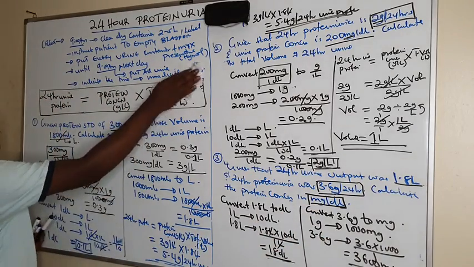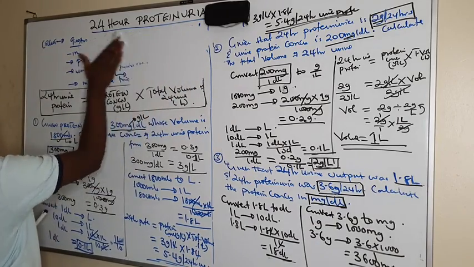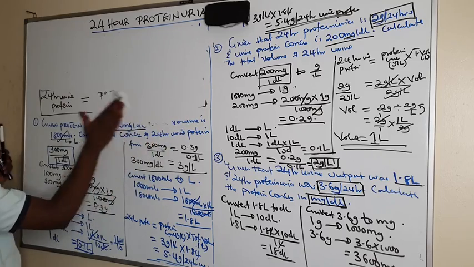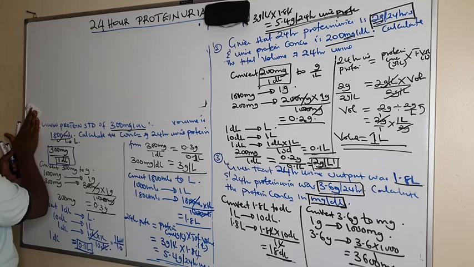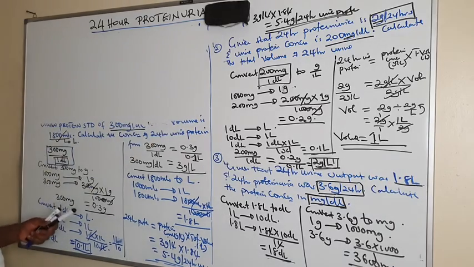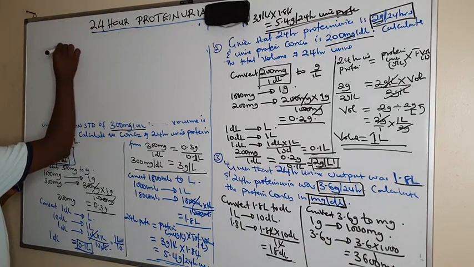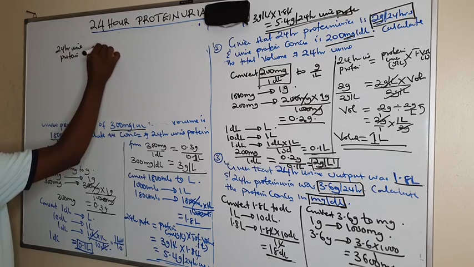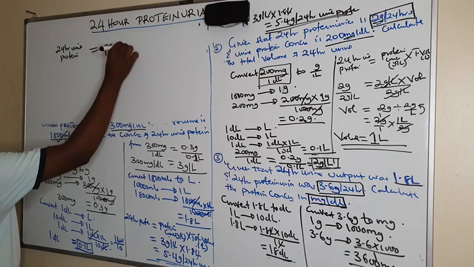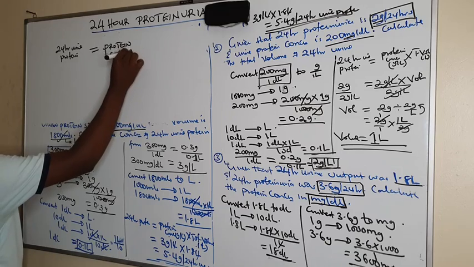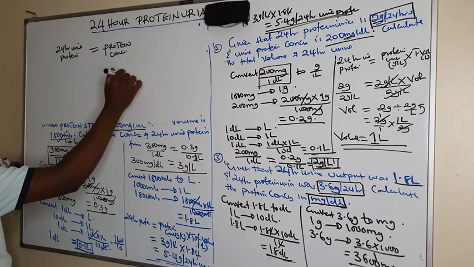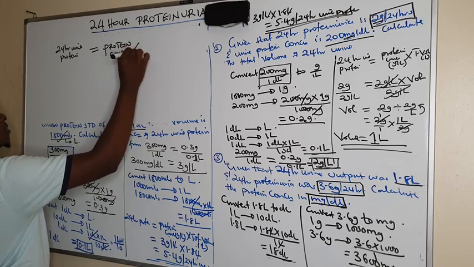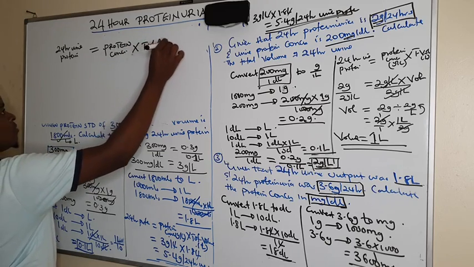So now we are going to use our formula, which says that the 24-hour urine protein is equal to protein concentration, here in milligrams per deciliter, times total volume.